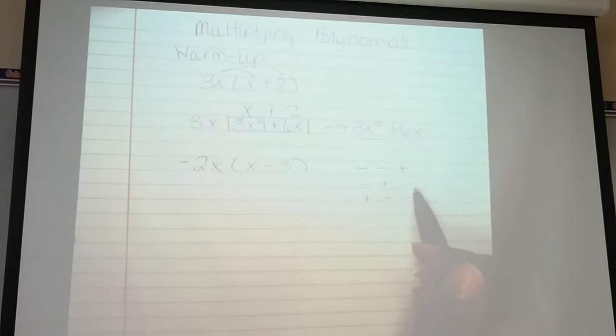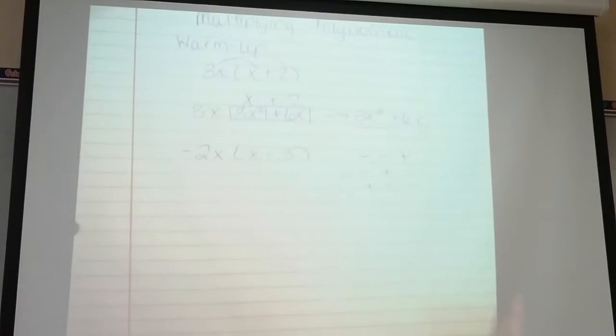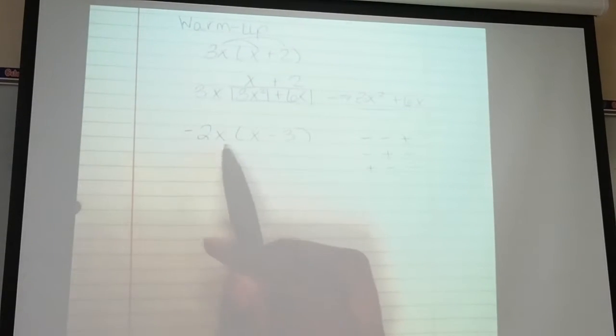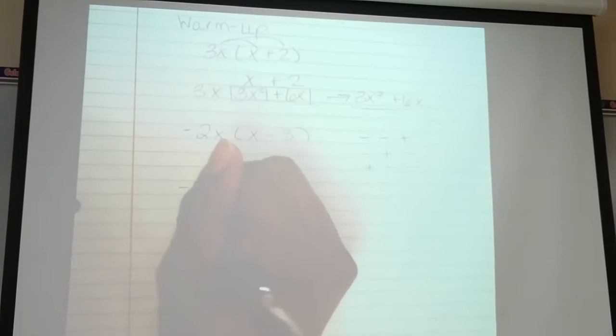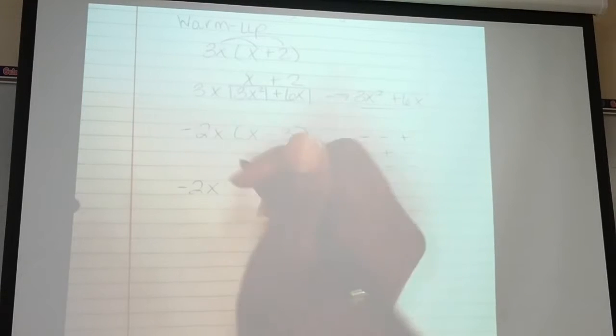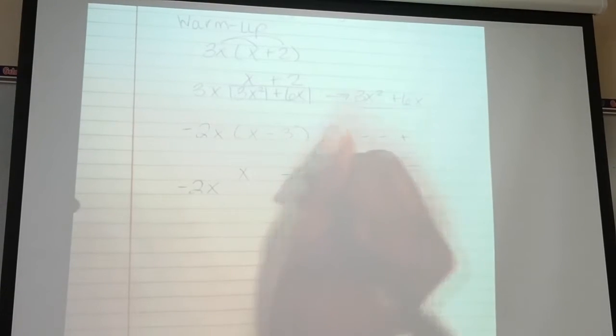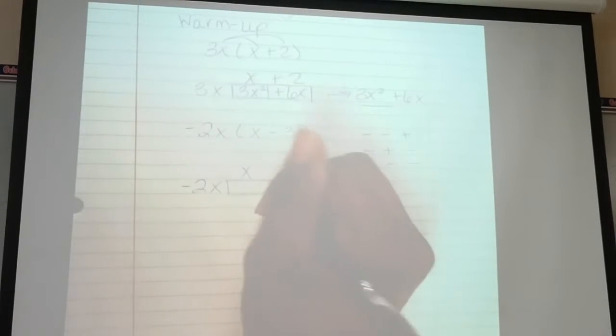Negative times a positive is a negative. Positive times a negative is a negative. Whatever's on the left, we're going to write on the left. Whatever's at the top, we're going to write at the top. Make your box.